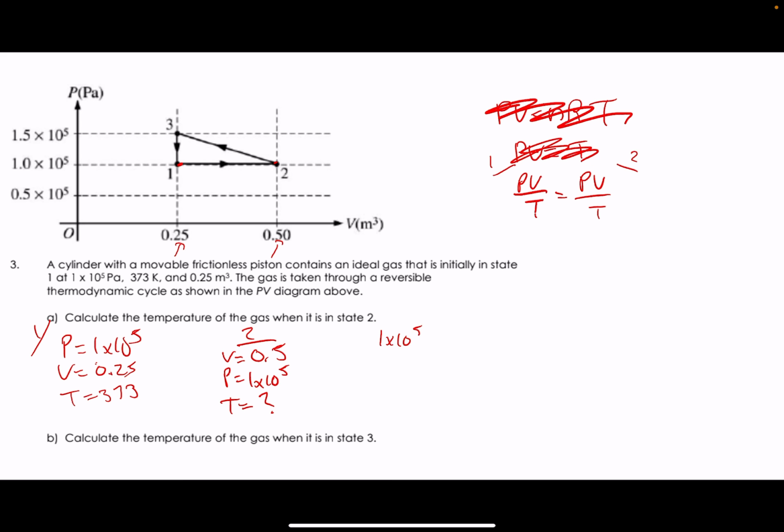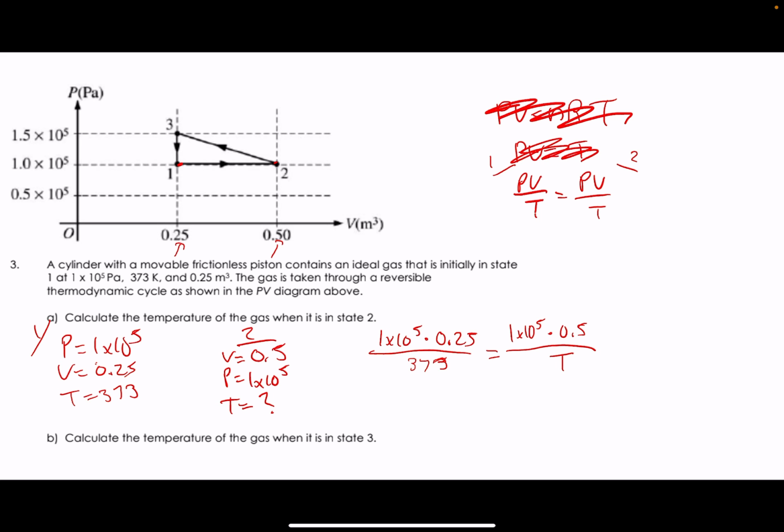Pressure times volume over 373 is going to be equal to our pressure times volume over our temperature in state 2. We're just looking at state 1 and state 2, PV over T for both.